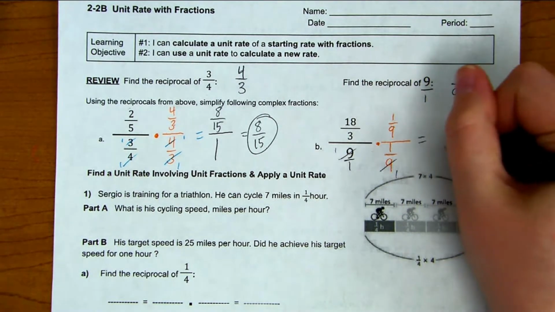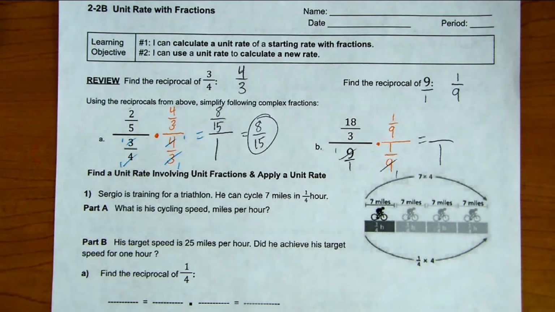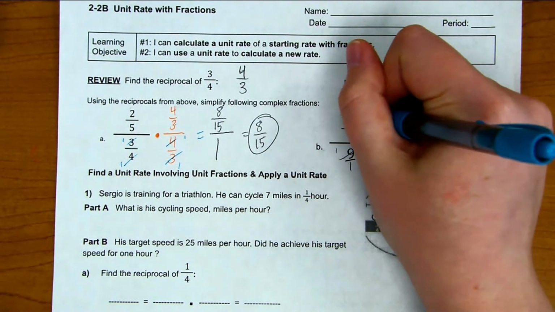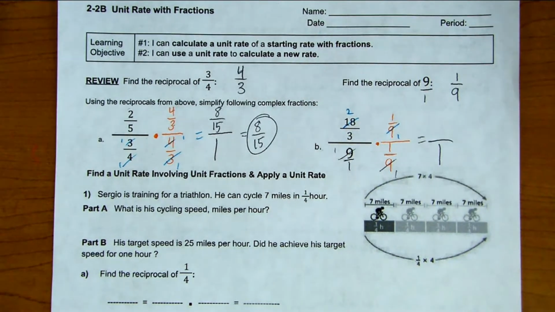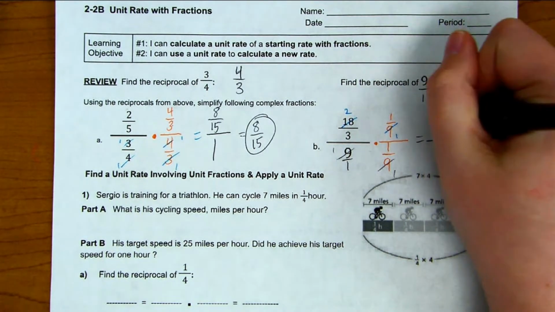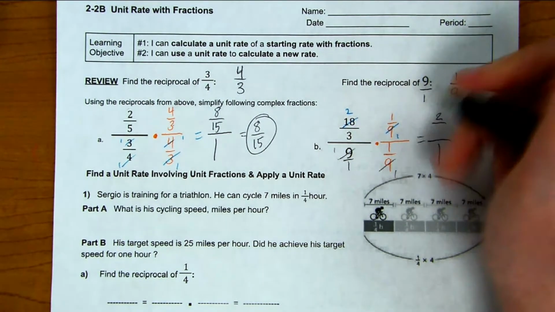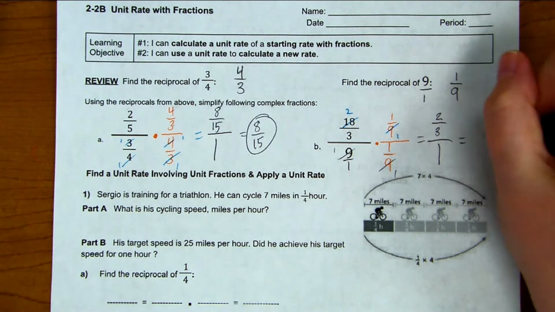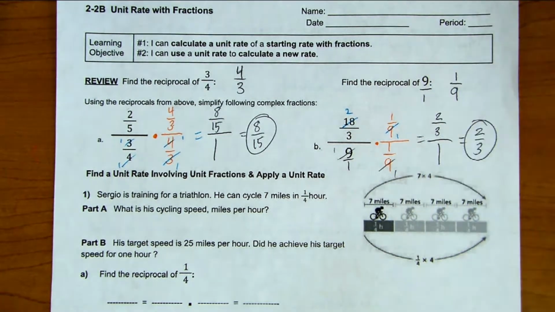So our denominator will just be 1. In the numerator, we can simplify a little. 18 and 9, you can divide each of those by 9, so we'll end up with 2 and 1. So now when we multiply across, we have 2 times 1 is 2, over 3 times 1 is 3. So we have 2/3 over 1. That's the same thing as just 2/3.